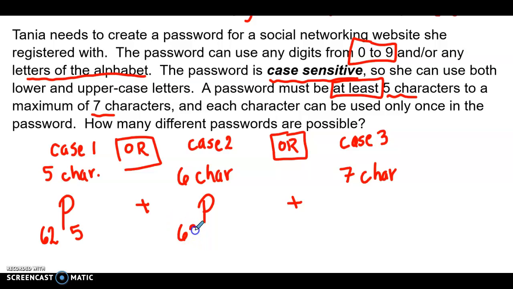So of those 62 possible objects to choose, we want to pick 6 of them. And then finally, if I want a 7-character password, of these 62 letters and digits, we want to choose 7.